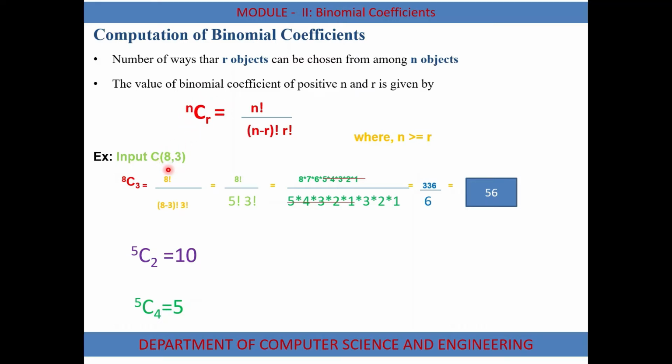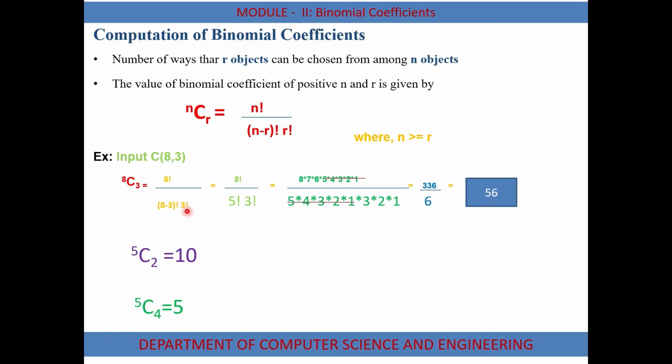C of 8, 3. So here n equal to 8 and r equal to 3. So it can be written as 8C3. That is nothing but 8 factorial, that is n factorial, divided by n minus r factorial, that is 8 minus 3 factorial, into r factorial, that is 3 factorial.